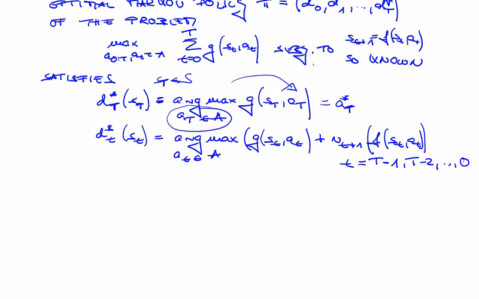So the state remains a function because you want the optimal decision rule for all states, but you maximize out essentially the action at the last decision state. So you get the optimal action as a function of the state at the last point. That's for the last one.